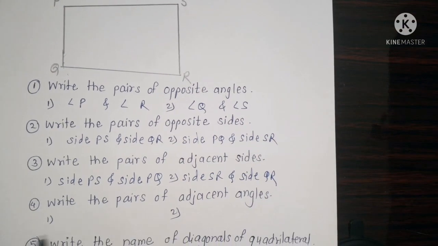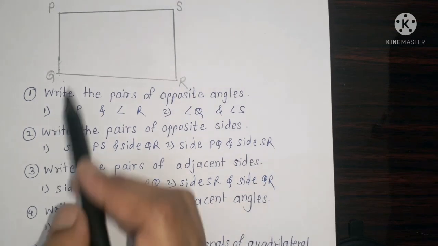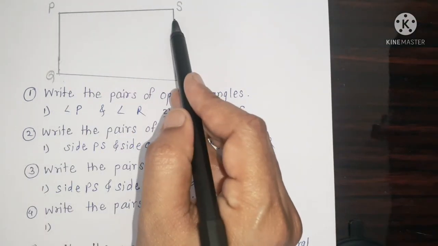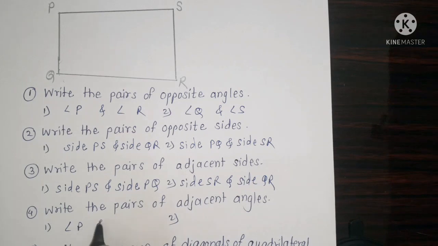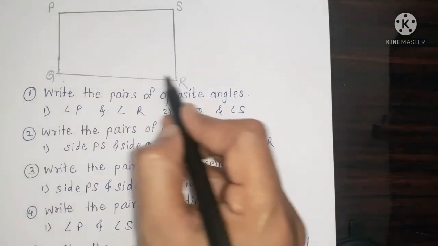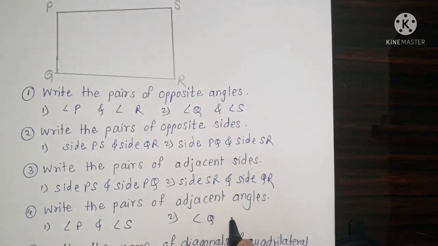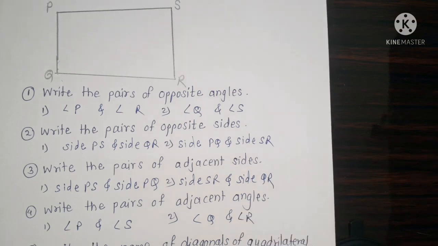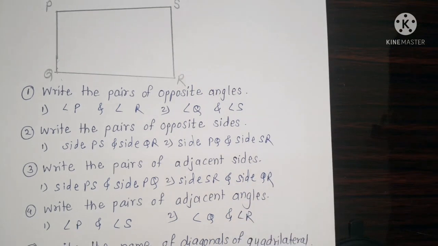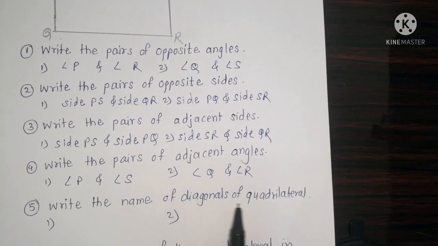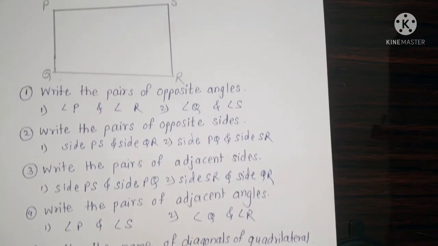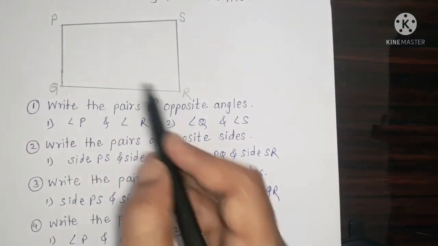Question 4. Write the pairs of adjacent angles. Angle P and angle S are adjacent angles. Angle Q and angle R are adjacent angles. Question 5. Write the names of the diagonals of the quadrilateral. You can join the opposite angles.